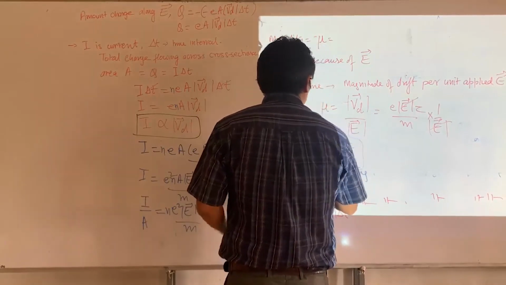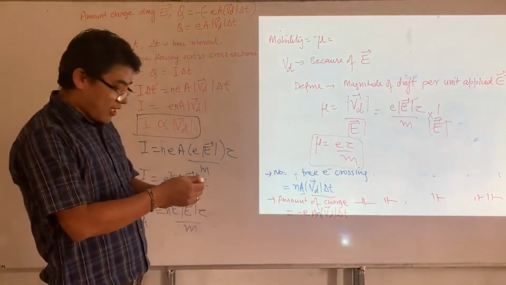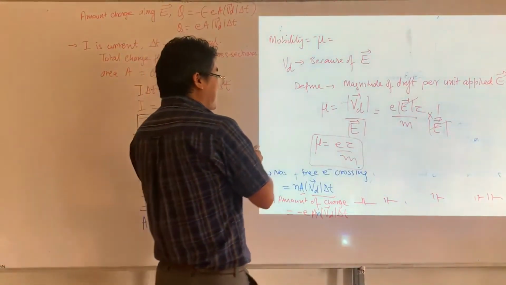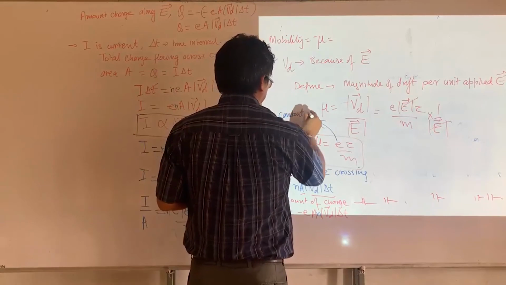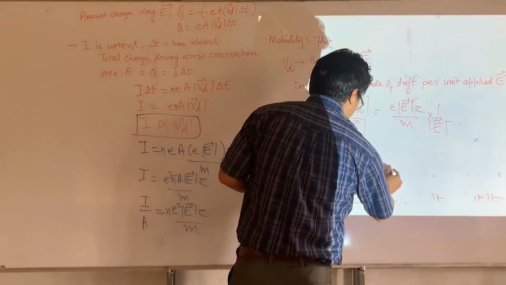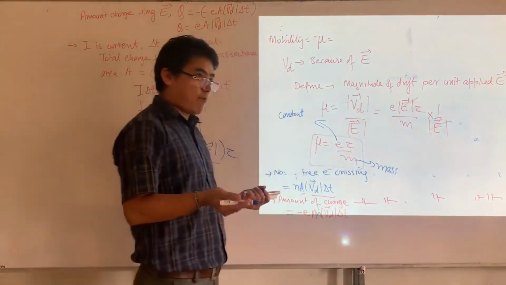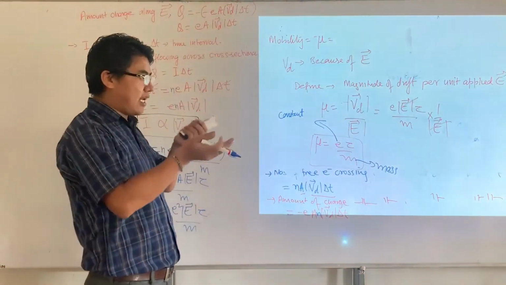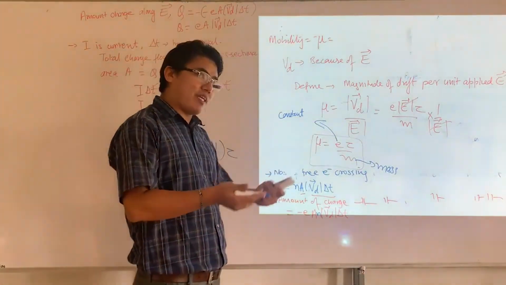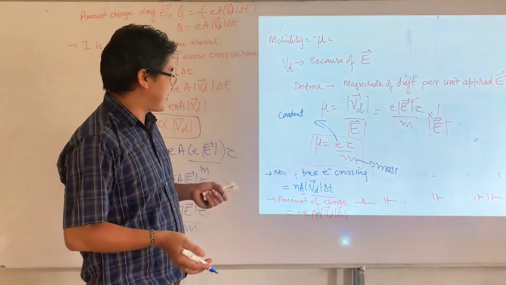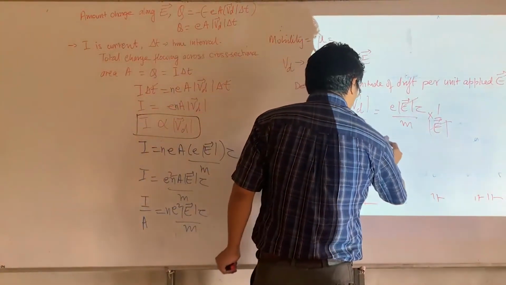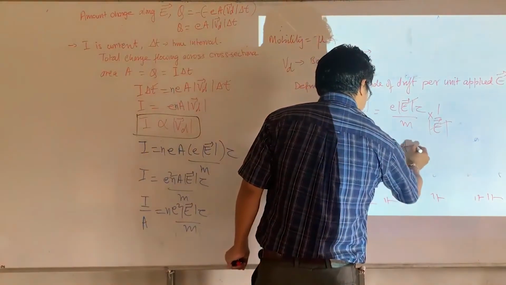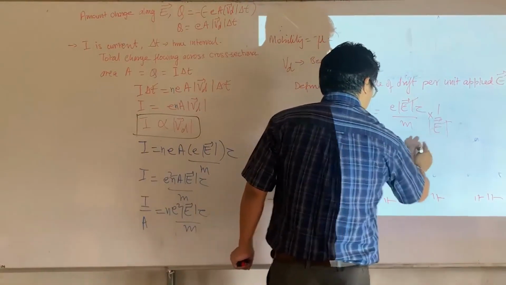Now when I talk about mobility, this e is the charge of electron, which is constant. And this is the mass. Mass may vary: a proton has a higher mass than an electron, and its charge also varies. These are the factors that determine mobility. And then one more important factor is time of relaxation.